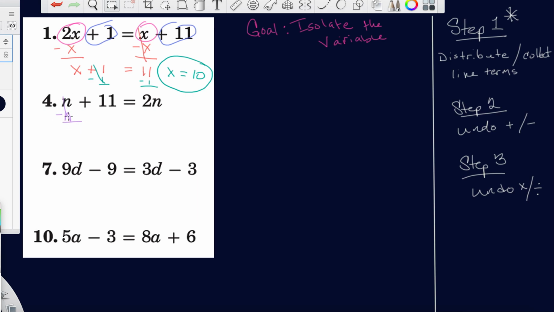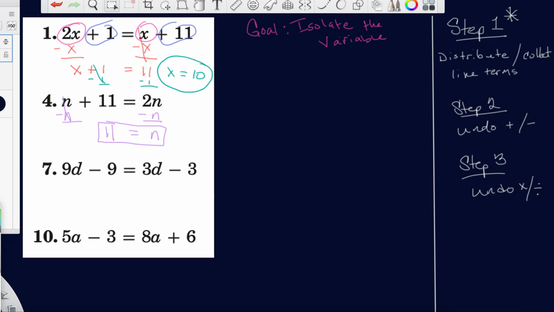Positive n and negative n go away. And then I show negative n here, and 2n minus n is just 1 positive n. What's left over on this side? 11, all finished. So sometimes it's just one single step.